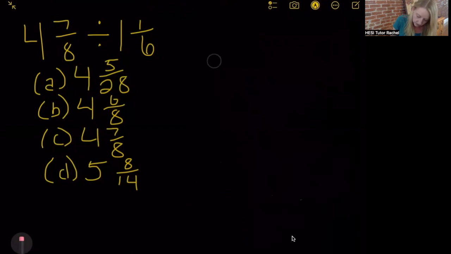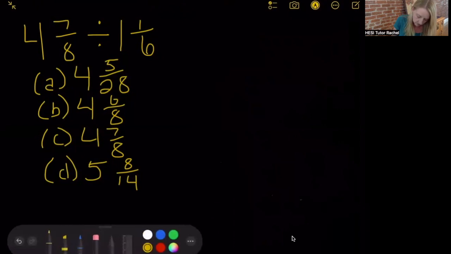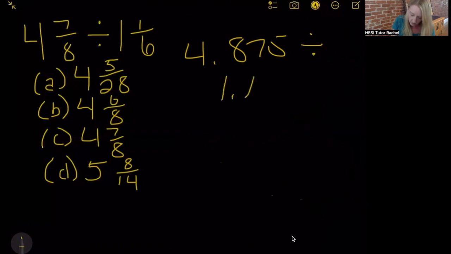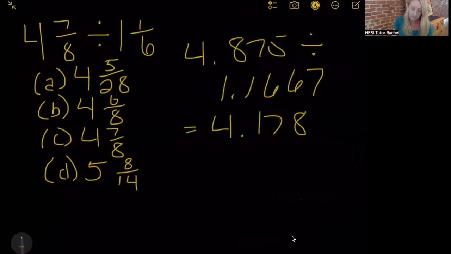And then I'm going to put into the calculator 4.875 divided by 1.1667, and that will give me 4.1785.